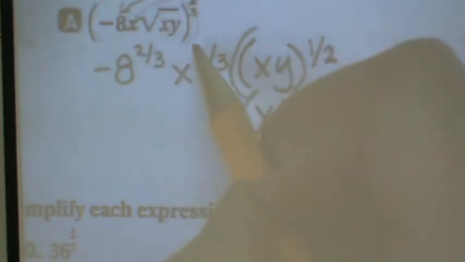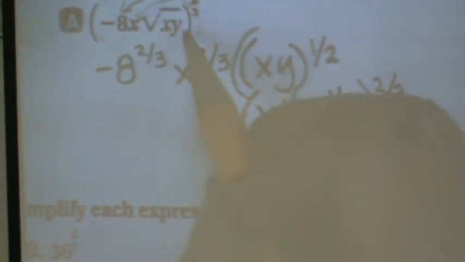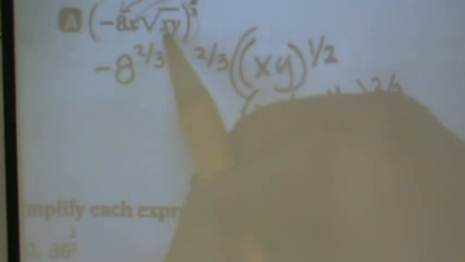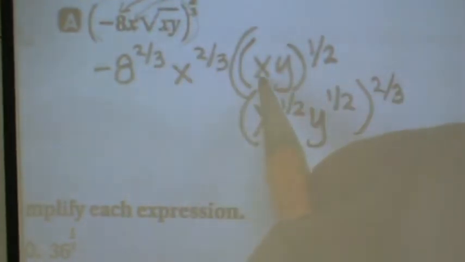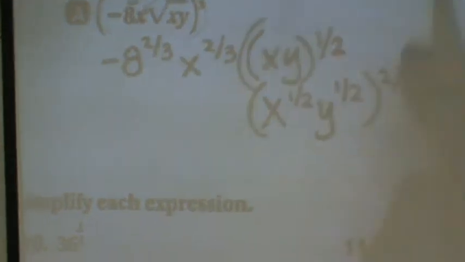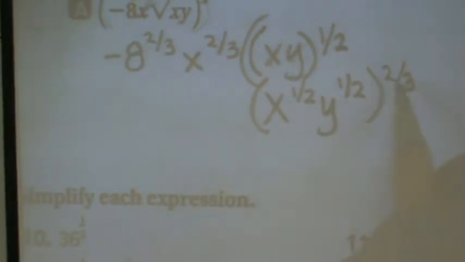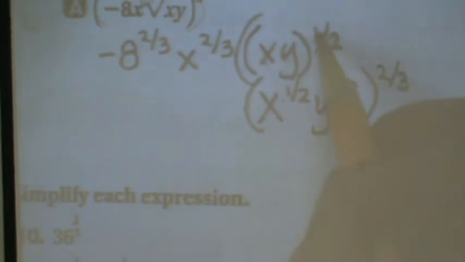You see how there's a parenthesis outside here? So you have to distribute this to everything. So unfortunately, you have a square root underneath here, so this is each 1/2. And now you're gonna have to distribute this 2/3. We distributed the 2/3 out here. Now this is gonna be 1/2.